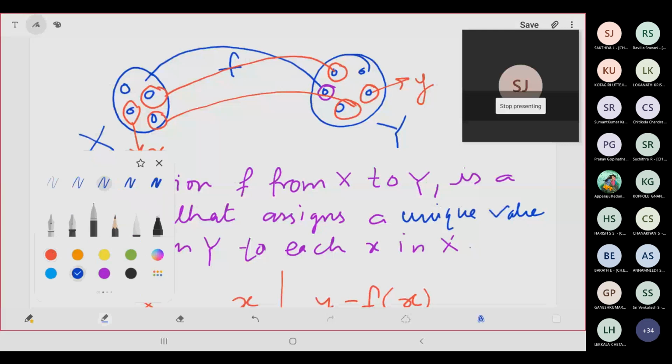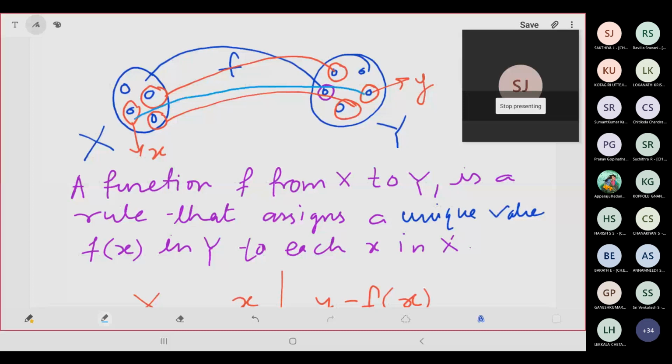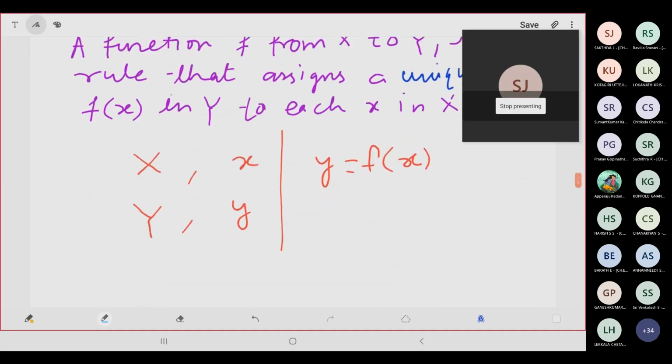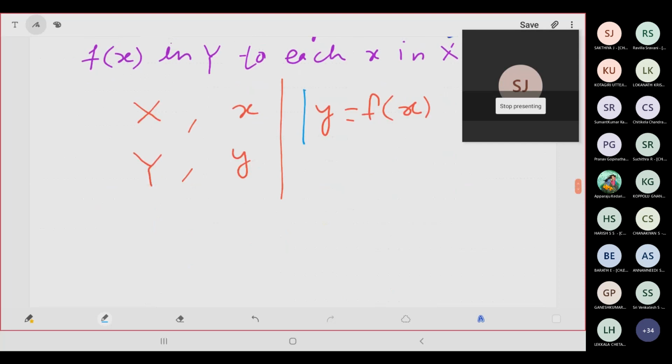You can map this element to this element via f. So you can write here the element y is a function of x. Clear, guys? y is a function of x.